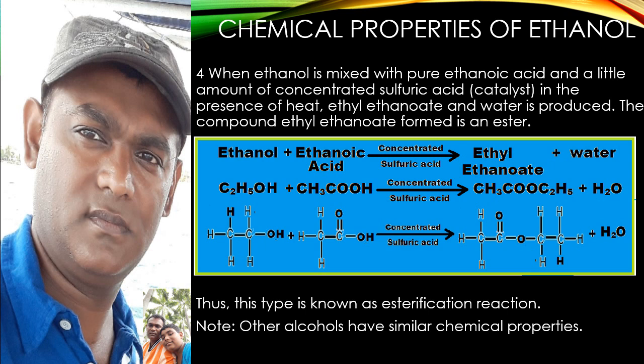Here, the ethanol reacts with the ethanoic acid in the presence of concentrated sulfuric acid. The hydrogen atom from the ethanol combines with the OH group from the ethanoic acid to produce ethyl ethanoate and water.